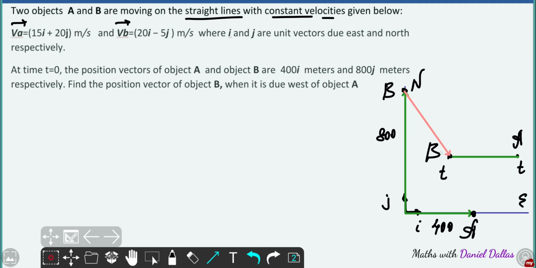So this is basically the displacement of object B, and object A is going to be here.